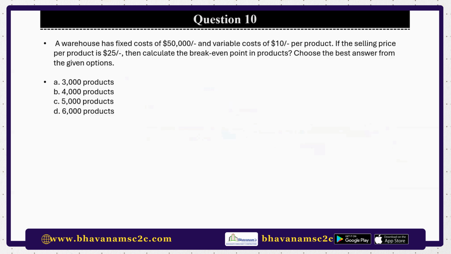In the payback period, the tenure has to be equal. You have to get the tenure in which period you will equate the investment to the returns. And coming to the break-even analysis, what is the number of products or number of hours that you have to work in order to get that product? So here it is with respect to the number of products or number of units. Okay, let's solve the question.